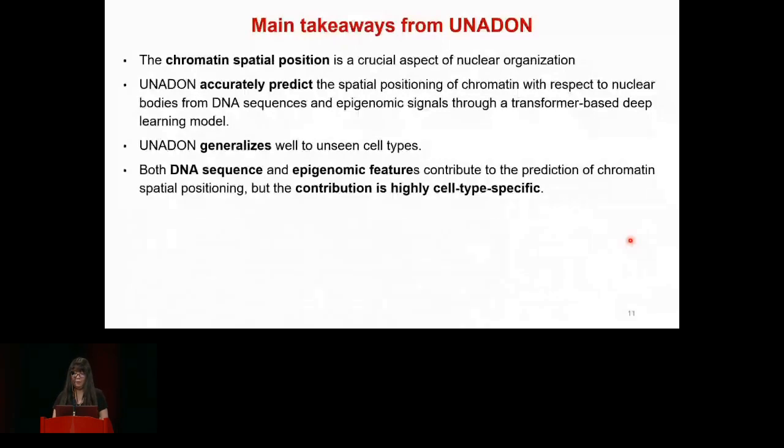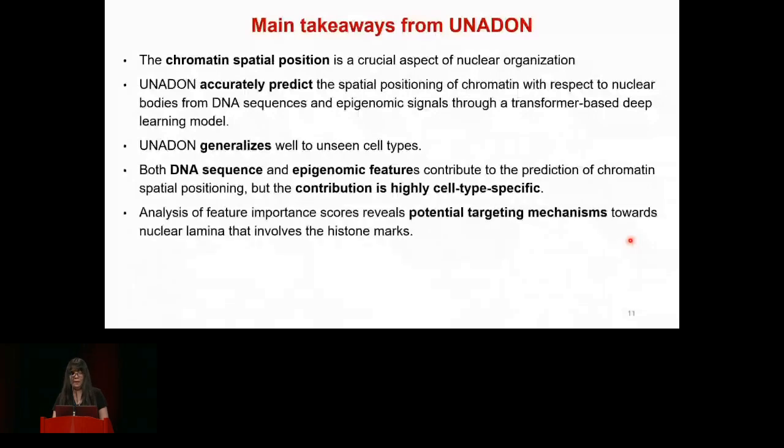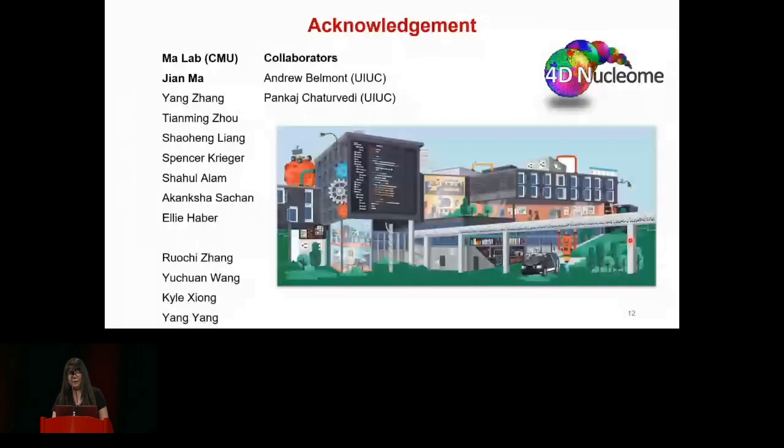By conducting model interpretation, we conclude that both DNA sequence and epigenomic features are important for the prediction, but this contribution is highly cell type specific. And finally, the analysis of the feature importance scores reveals some potential targeting mechanisms towards the nuclear lamina that involve several histone marks.